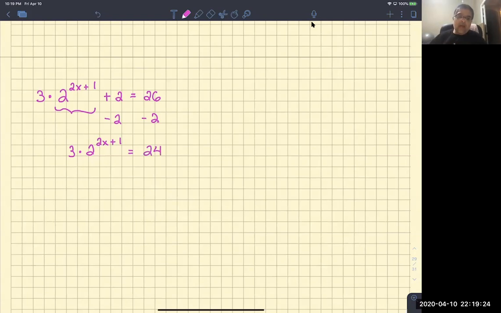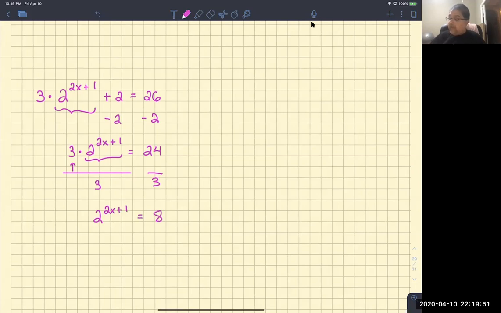Now, this is my exponential. This 3 is not a part of my exponent, so I have to get rid of it. So I divide both sides by 3. And I get 2 to the 2x plus 1 equals 8.